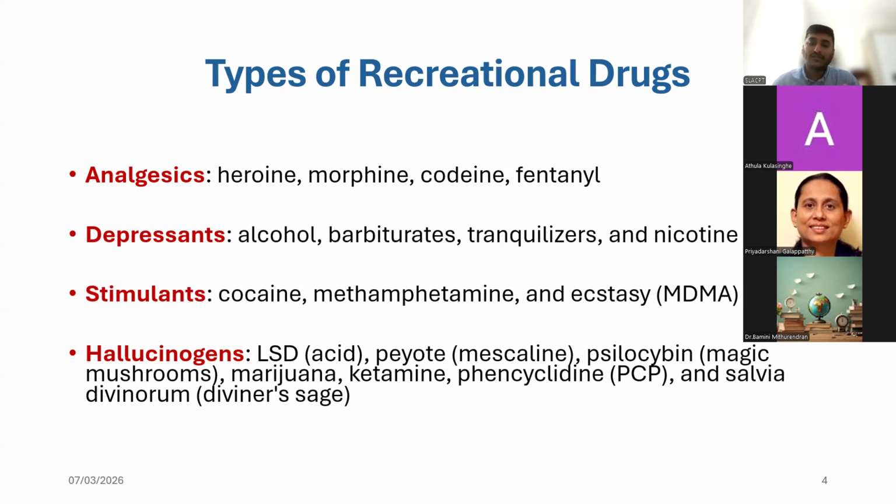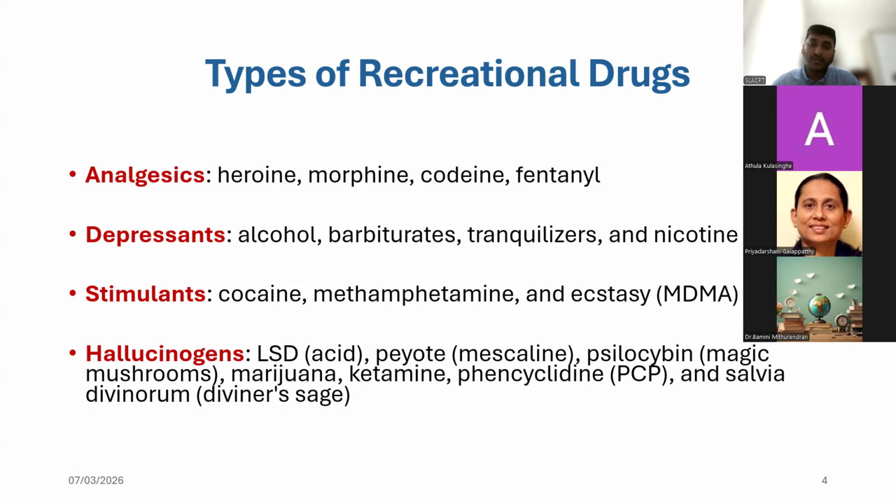There are four categories of recreational drugs that we are concerned with: analgesics, depressants, stimulants, and hallucinogens. Analgesics are basically heroin, morphine, the opioid analgesics. Depressants are CNS depressants, so alcohol, barbiturates, other tranquilizers, and benzodiazepines, which really cause sedation and hypnosis.